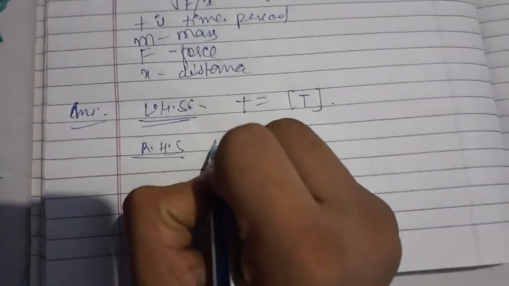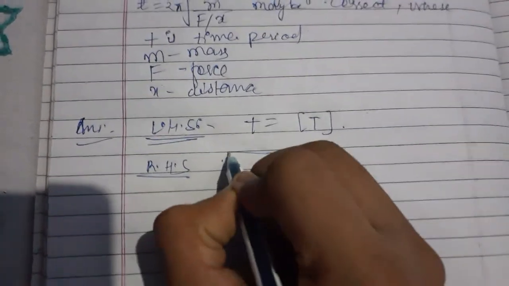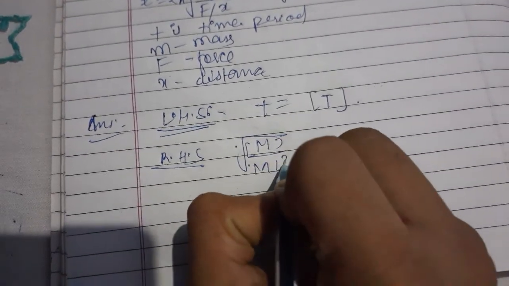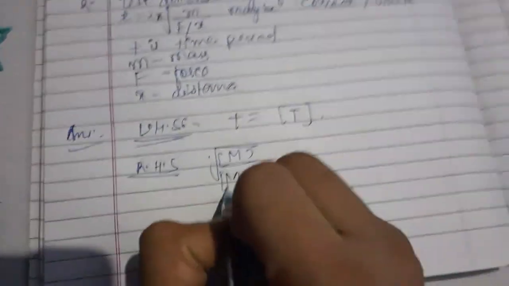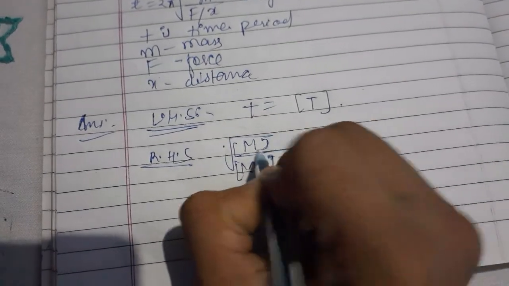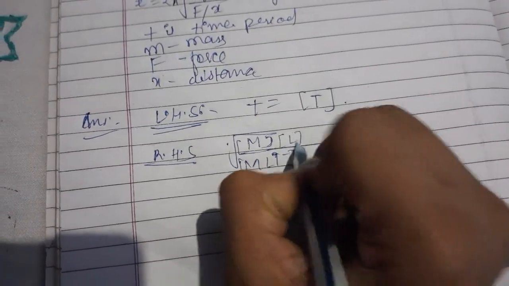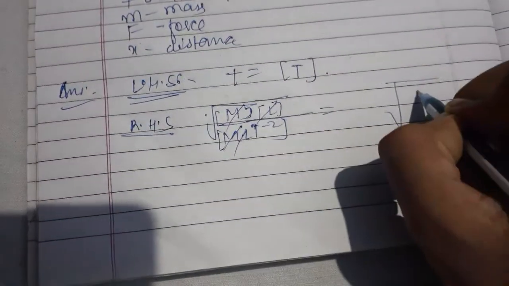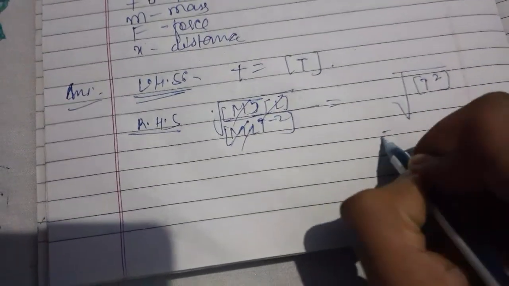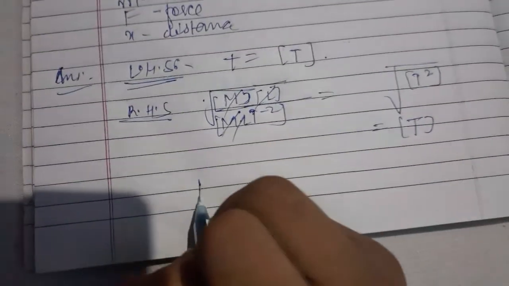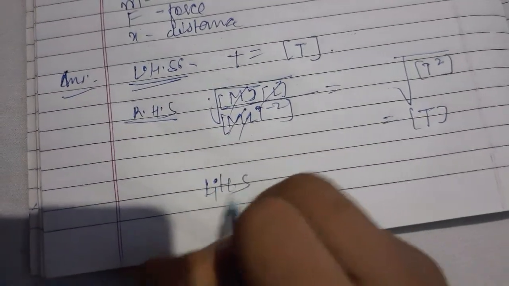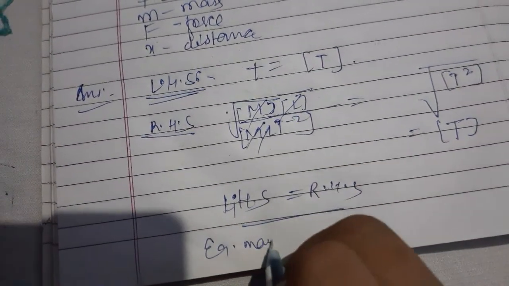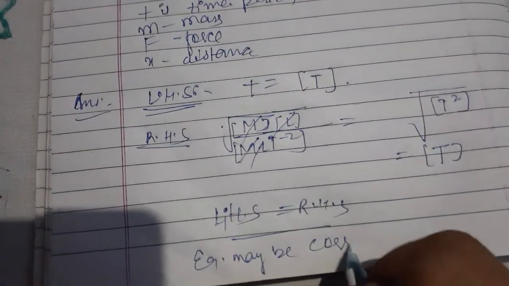Since 2 pi is a numerical value, it has no dimension. So m by force is mass divided by M L T minus 2, divided by x, that is distance. L cancels, M cancels, so T square, that is T. Since LHS equals RHS, the equation may be correct.